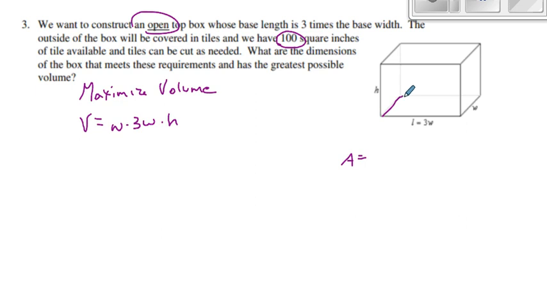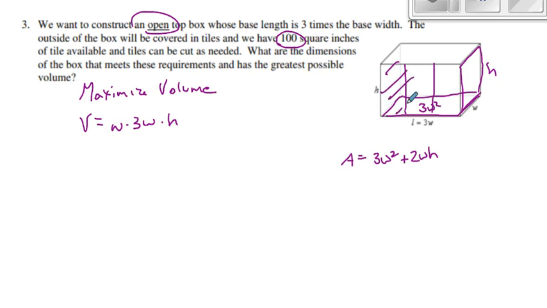includes a bottom, and our bottom right here is 3W times W, or 3W squared. And we have one of those. It includes the left and the right side, which are these ones, which are W by H. We have 2 of those. And it includes the front and back, and those are 3W's by H's.